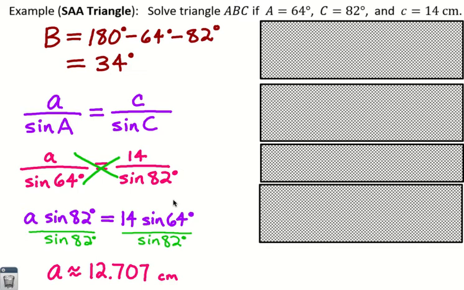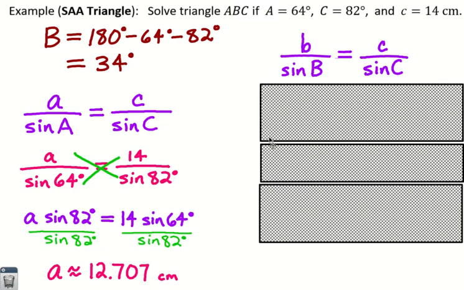So try to wait until the very end when you do this math, and you can throw all this into your calculator at once. And so your best answer rounded to the nearest three places is 12.707 centimeters.